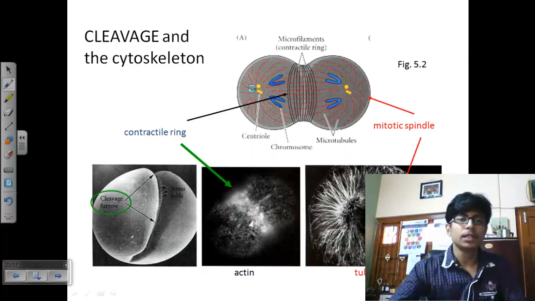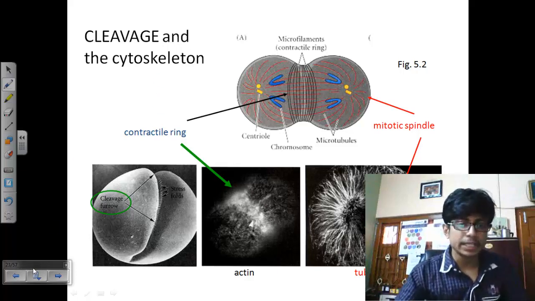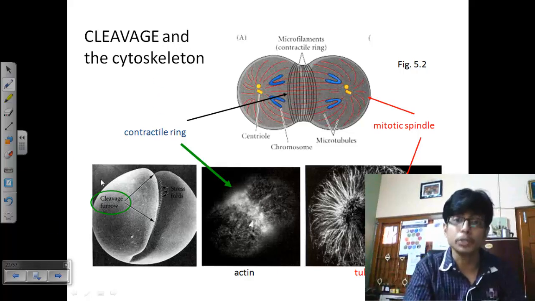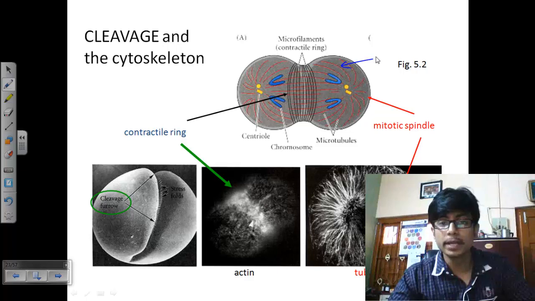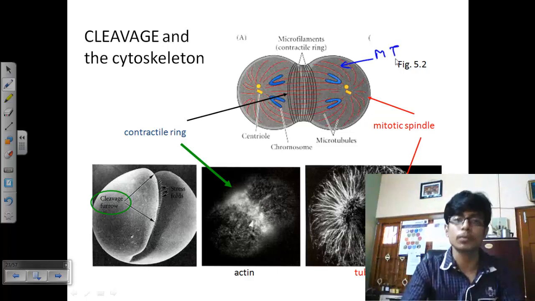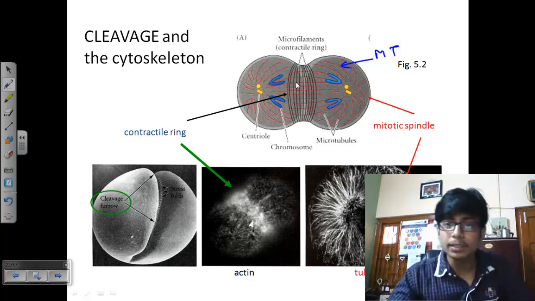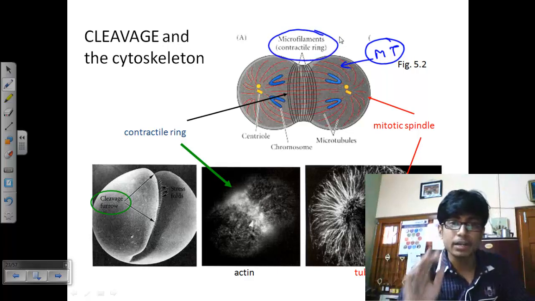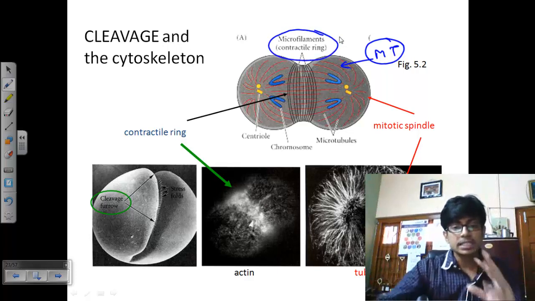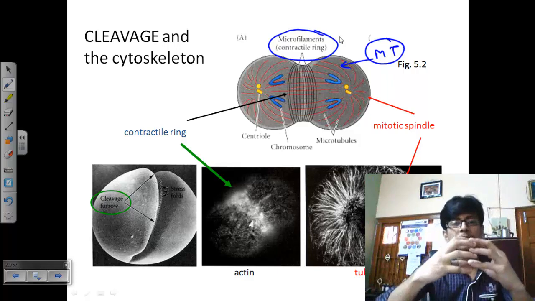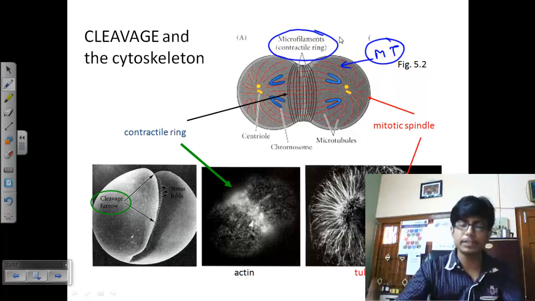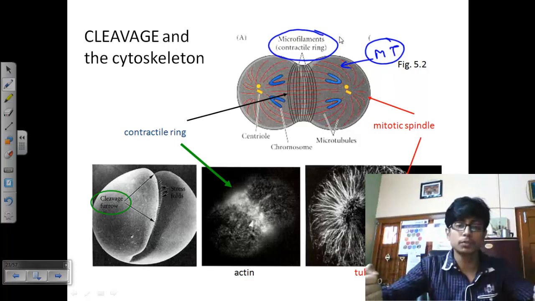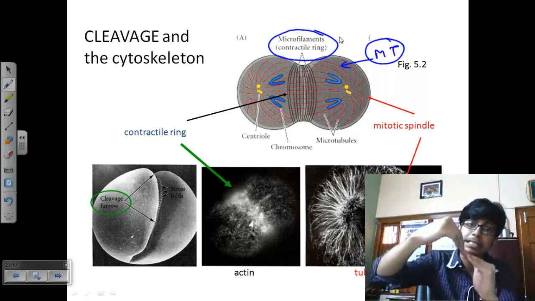So here the process of cell cleavage not only depends on microtubules, because microtubules play a vital role in the segregation of chromatids, segregation of chromosomes, and transferring them to the daughter cell. But not only the microtubules are important, microfilaments also play a vital role, because normal cell division occurs slowly, in different phases, they segregate the chromosomes, then slowly the cytokinesis takes place.